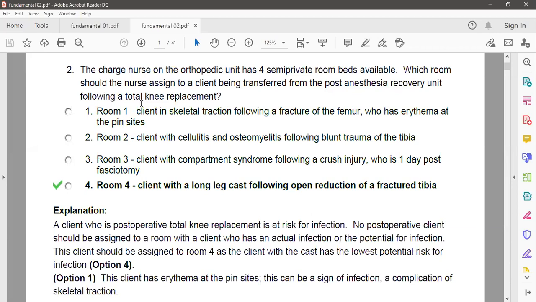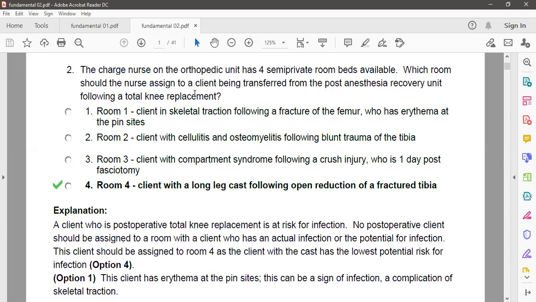Because post-operative patients like total knee replacement, if anybody has nausea, vomiting, or diarrhea, maybe you do not know the patient may be vomiting because of a GI infection, or have diarrhea because of a rotavirus infection. We do not know.